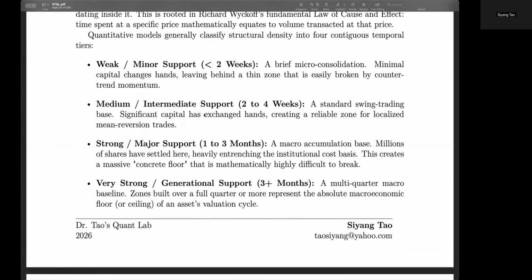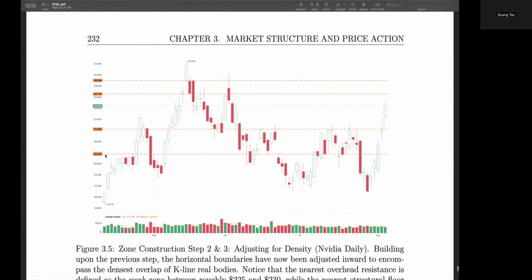A medium zone lasts 2 to 4 weeks. Significant capital has exchanged hands, making it reliable for swing traders. This is the 203 support floor we just mapped on Nvidia.